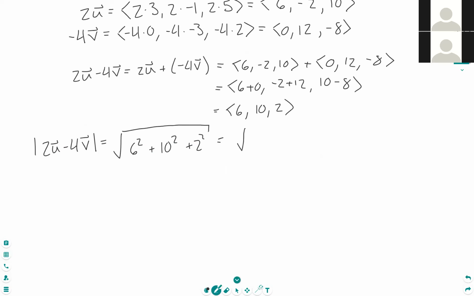So we get the square root of 140, or another way of writing that is 2 times the square root of 35.